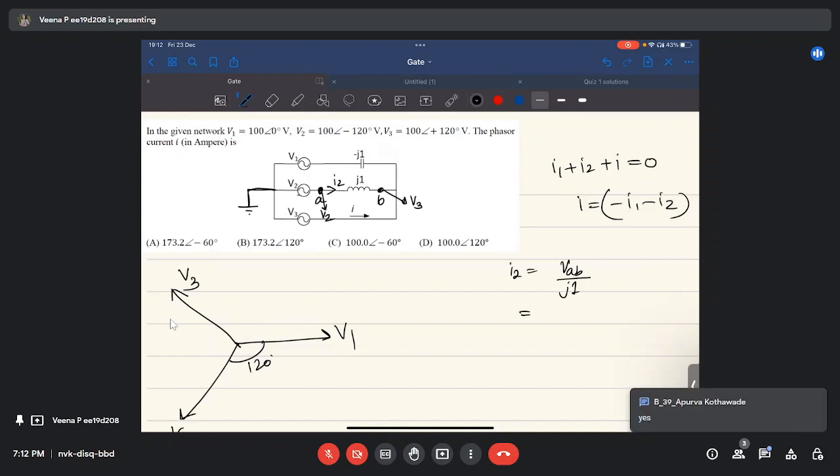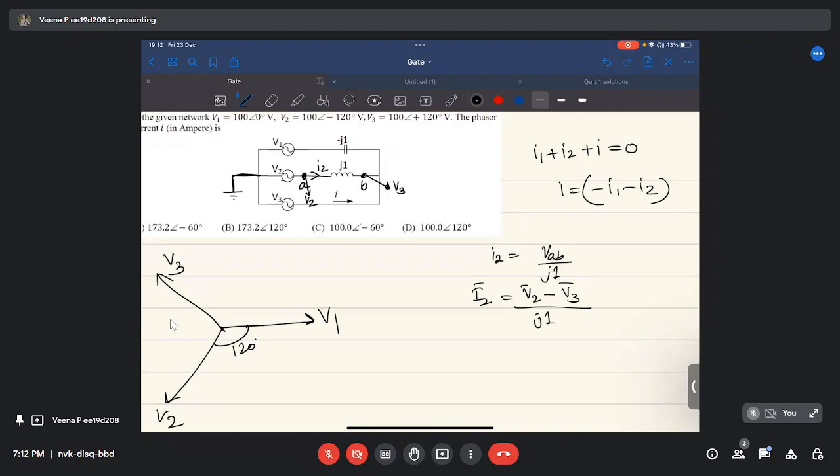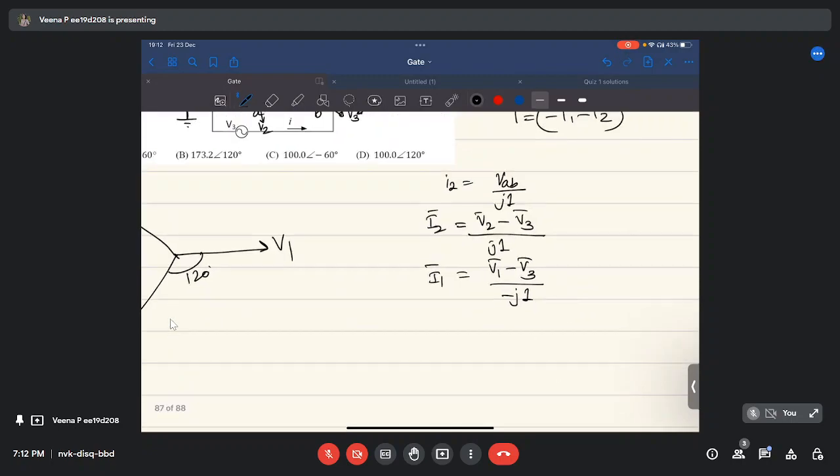Okay. So VAB means V2 minus V3. So I2 is V2 minus V3 by j1. Similarly, current I1 will be, let it be C, let it be D. C is same as V1 and D is same as V3. So this is V1 minus V3 by minus j1 impedance.